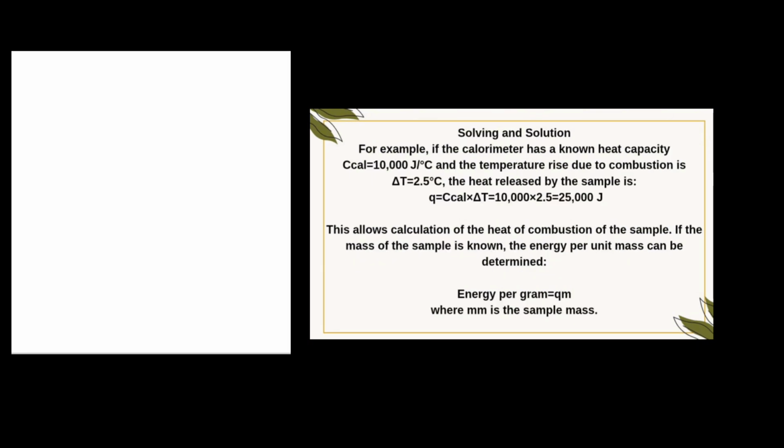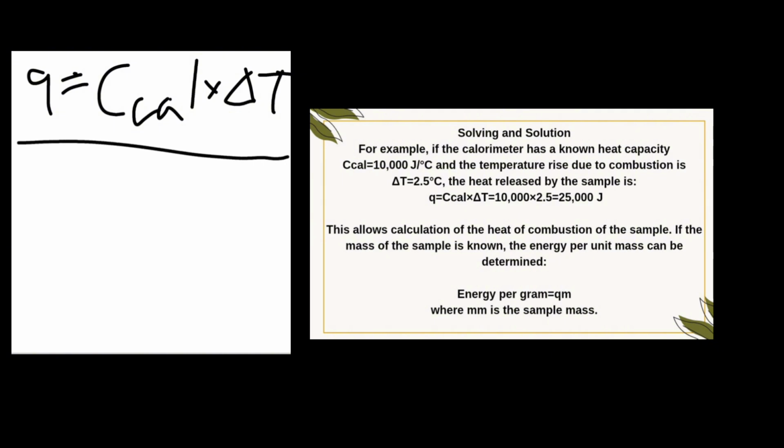Now for this example, if the calorimeter has a known heat capacity of Ccal = 10,000 joules per degree Celsius and the temperature rise due to combustion is ΔT = 2.5 degrees Celsius, the heat released by the sample is found with the same formula as before: Q = Ccal × ΔT. We go straight to solving because we already have every given that we need.